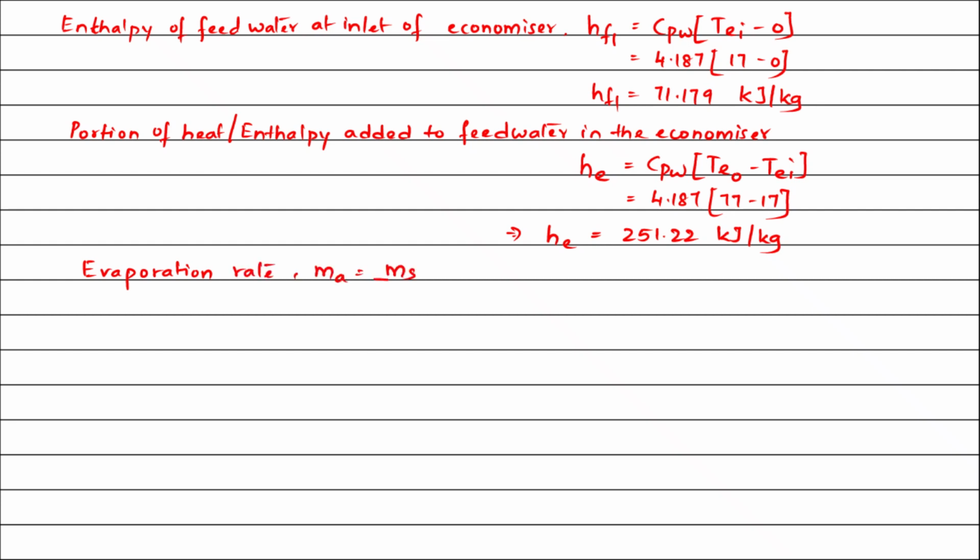Next I have to find out the evaporation rate. My evaporation rate, Ma, equals the mass of steam upon mass of fuel. My mass of steam was 35,500 kilogram divided by the mass of fuel, which was 3460 kg.